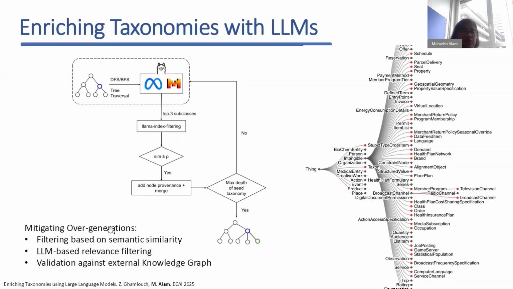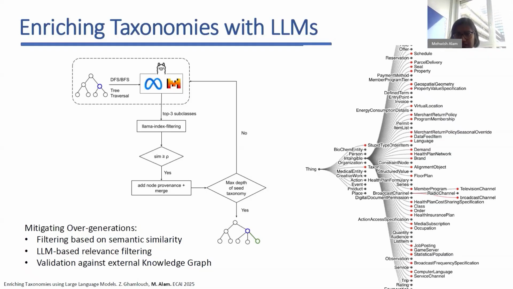Also, when we were generating the subclasses, we also checked the similarity of what was generated with the actual class that we gave, because sometimes it was completely different. So this is how we did small things to get the relevant subclasses.